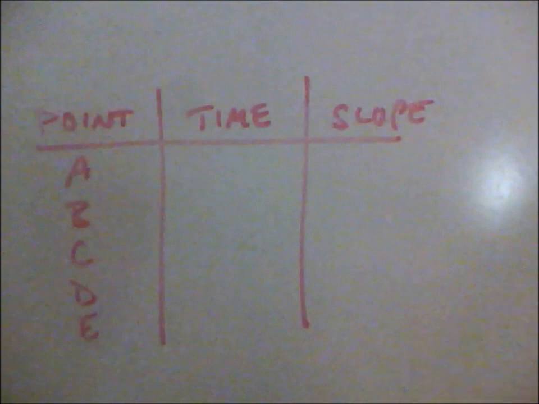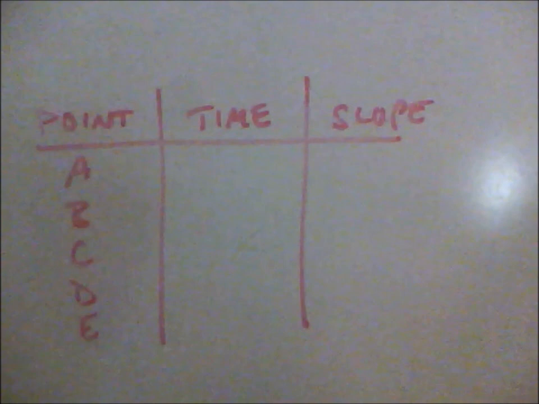If we had a way to find the slopes of those tangent lines, we could find the time associated with points A, B, C, D, and E, and then find the slopes of the tangent lines associated with those points, and put them in a nice little table like this one.